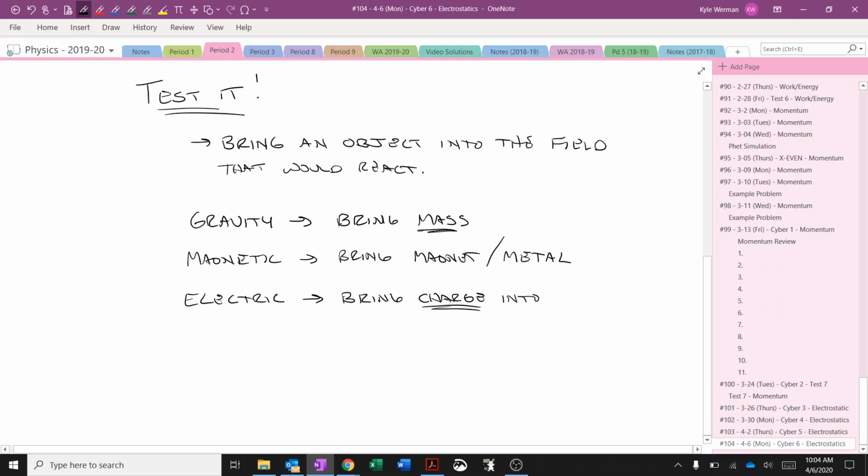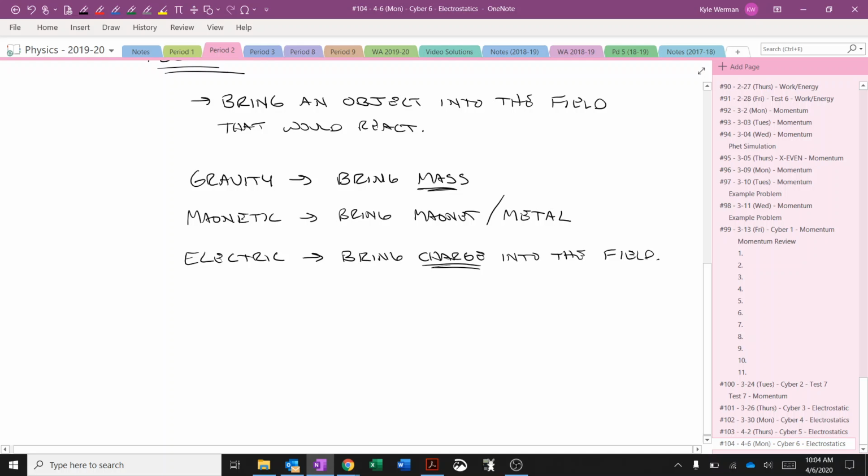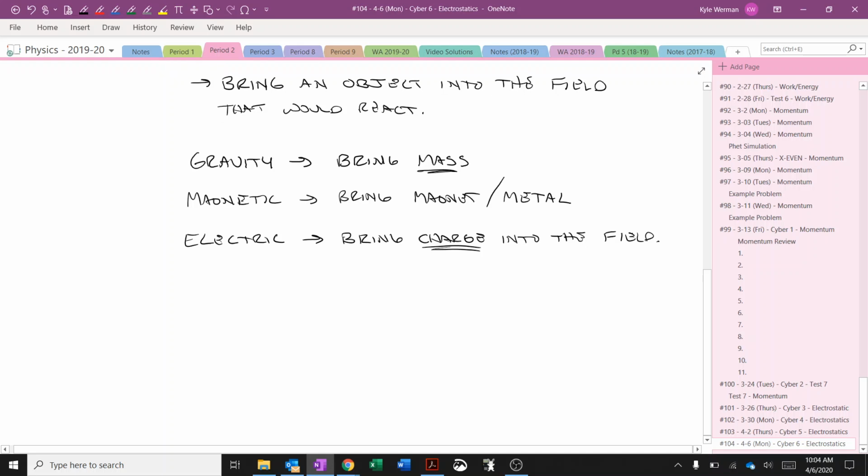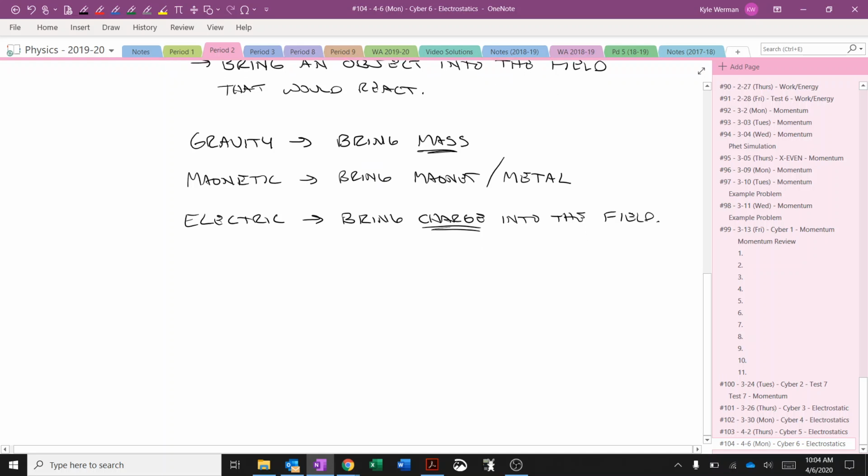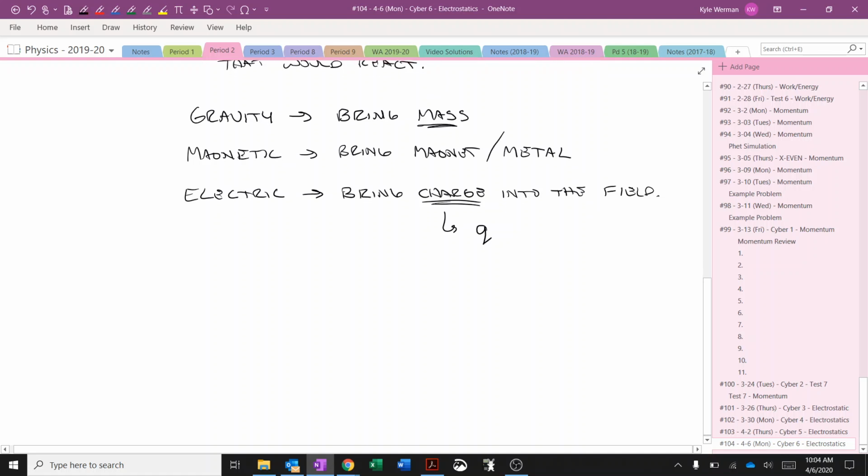So we need to bring charge into the field. And when we bring some kind of charge or source of electrons into the field, we'll see some kind of interaction occur. And in that case, that's how we know the field must be there. Right? And for charge, we actually have a letter. We use lowercase q to represent charge.